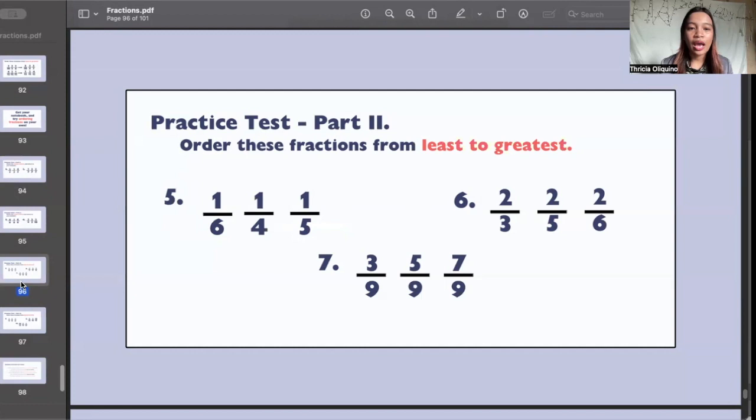So number 5, we have 1/6, 1/4, 1/5. In number 6, we have 2/3, 2/5, and 2/6. In number 7, we have 3/9, 5/9, and 7/9.